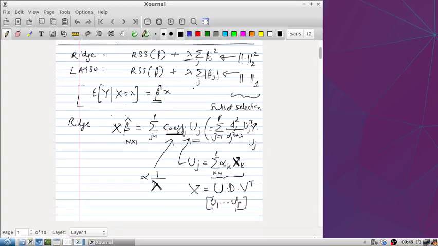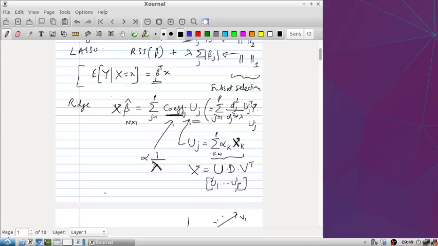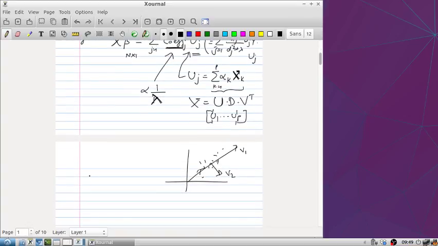But let me get to lasso. Lasso seems very similar, but unfortunately there are a couple of differences. One is that lasso doesn't have a closed form expression. Actually, let's not worry about the closed form expression.